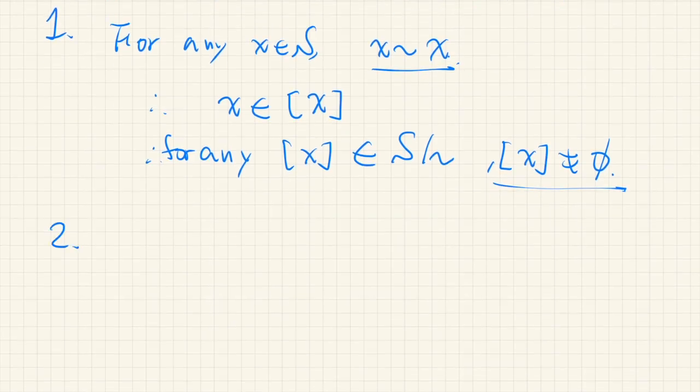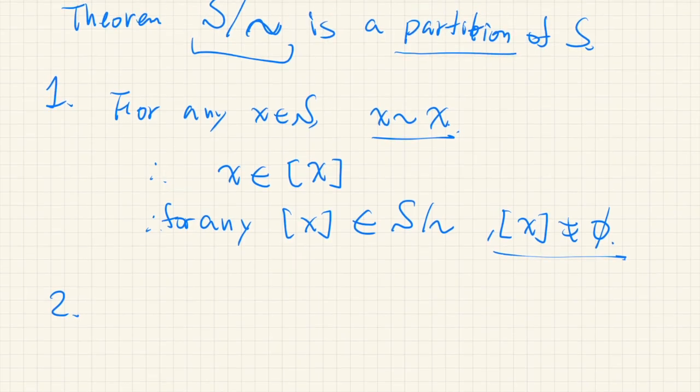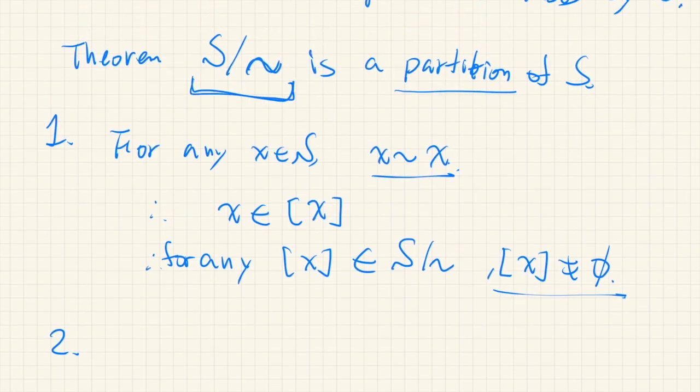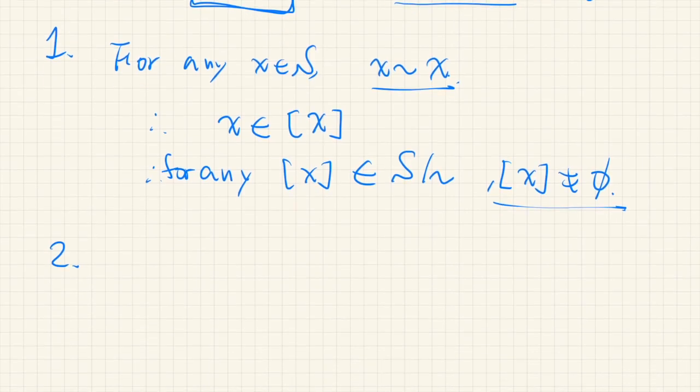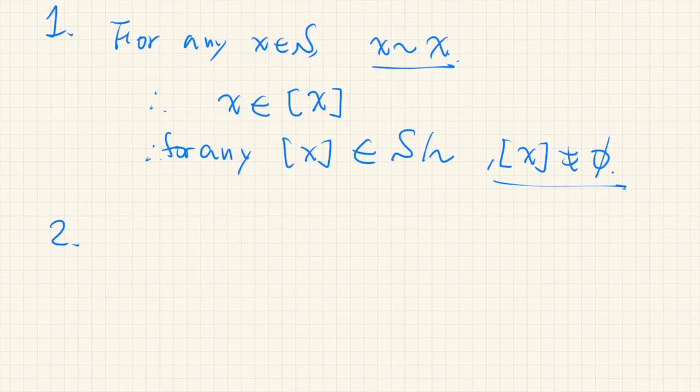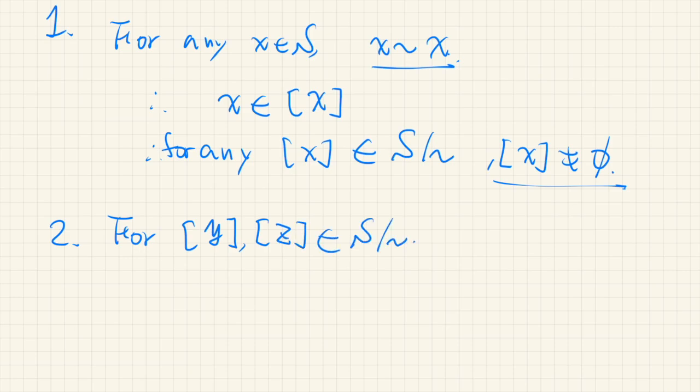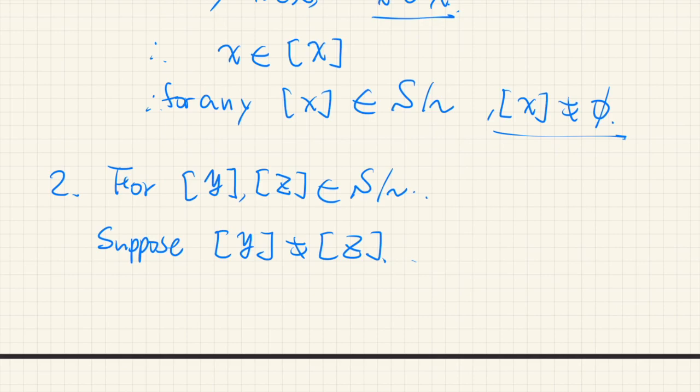And the second condition is that any two elements of this collection are mutually disjoint. Okay. So for any, let's say, y and z, take any two elements from this collection. Then suppose y is not equal to z. Suppose they're different.